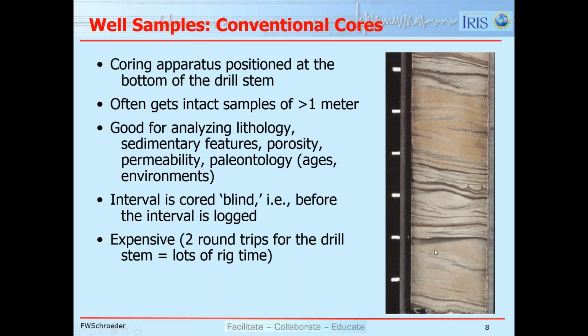And we can also take core to try to get pieces of the source rock so that we can look at things such as the total organic carbon and also the hydrogen index, which is an indication of whether the source rock is going to give a lot of oil or only gas.